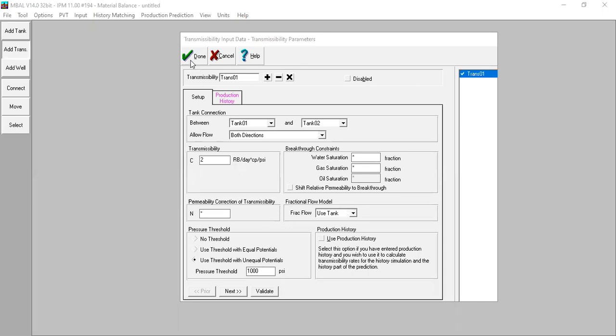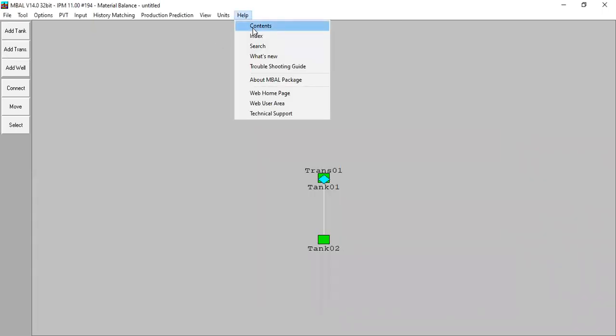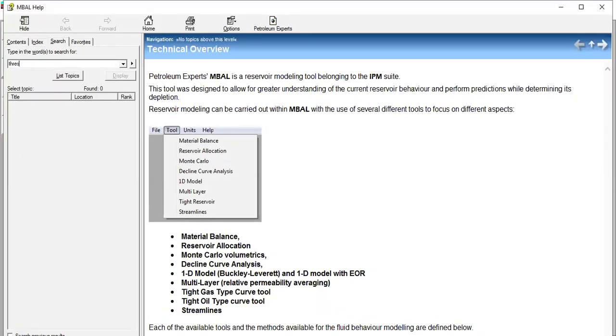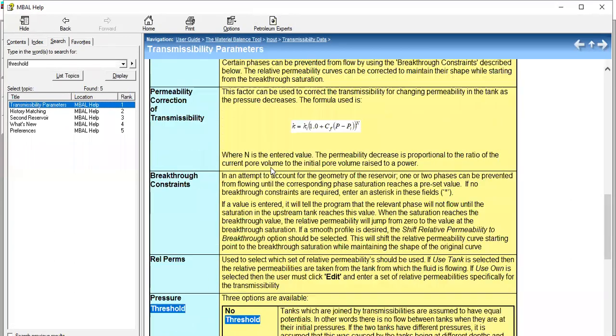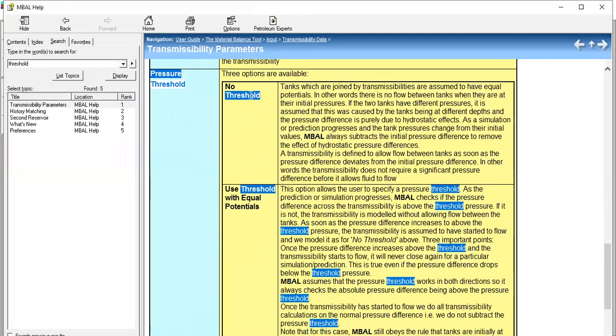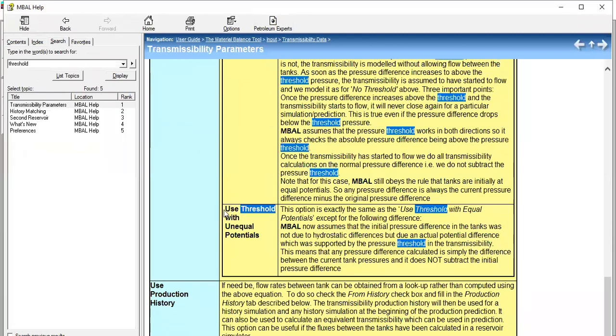Or we can also read here in help contents, and then check threshold. Okay, transmissibility parameters. Now we can check pressure threshold. You can read it by yourself, but we will select this one, use threshold with unequal potential. This option is exactly the same as use threshold with equal potentials, except for the following difference.